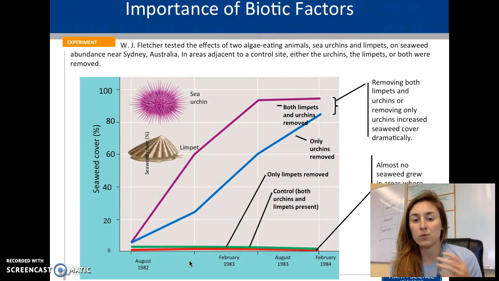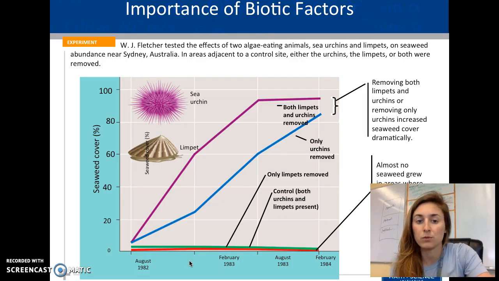We've seen this many, many times, that there's also an importance in biotic factors, right? Species are dependent on species. When we looked at sea urchins and limpets, or these little shelled organisms, when they're both present, we see a certain increase in seaweed.